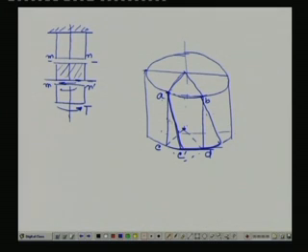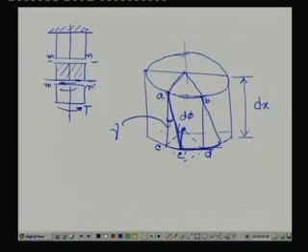Then this angle we know is gamma, the shearing strain. And this line has shifted. Suppose we consider this angle to be delta phi, and the length of this element we are considering as dx.